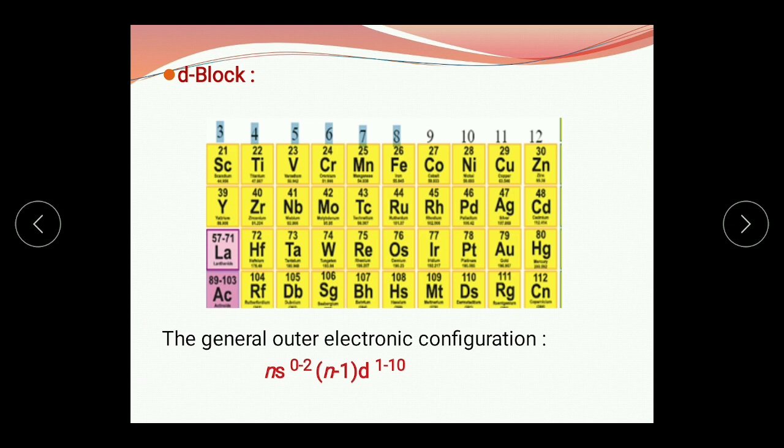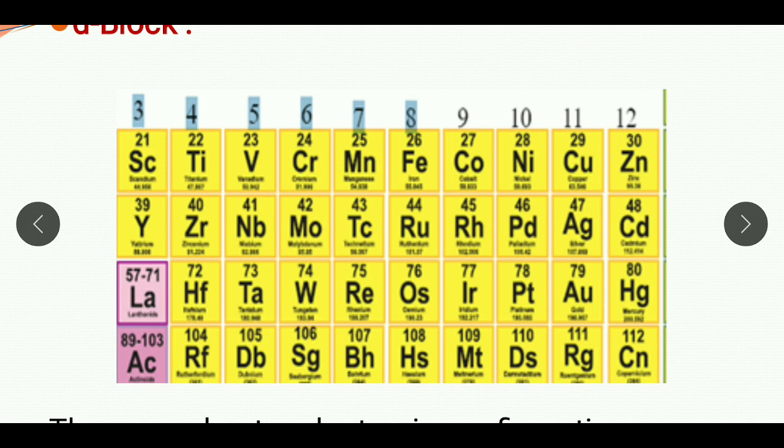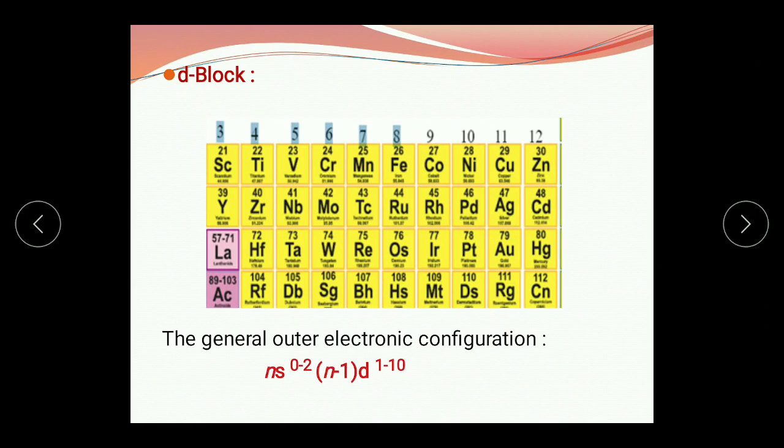So this is the d block from 3 to 12, and if we write the electronic configuration for scandium, the first member, atomic number 21, it will be 1s2, 2s2, 2p6, 3s2, 3p6, 4s2, 3d1, and 4s2 3d10 will be zinc.